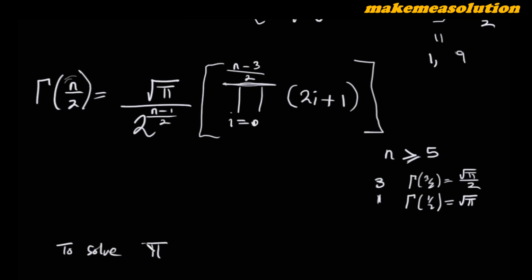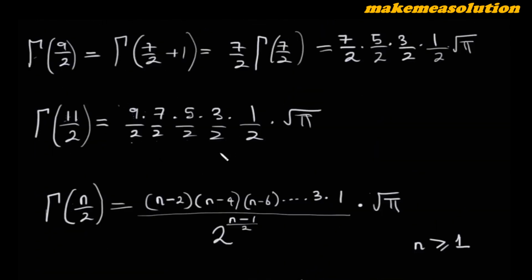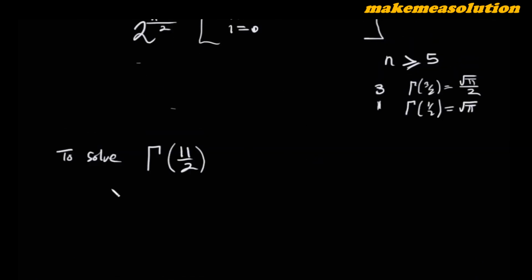So let me use this formula to solve gamma of 11 over 2. We are going to see that through this formula we still get the same thing that we got here. So let's evaluate it.